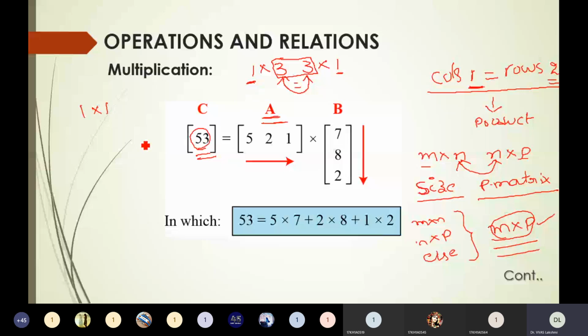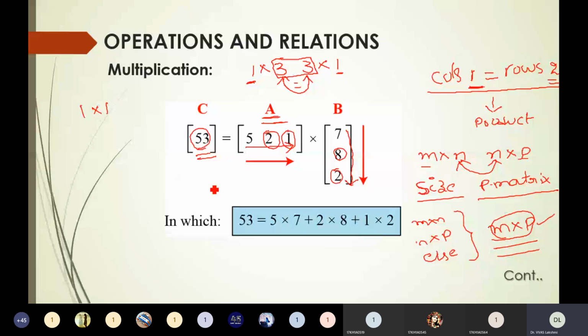So how to perform the matrix product? The first row is multiplied by the first column, each and every element. The first element is multiplied by the first element of the column, the second element by the second, and the third by the third.